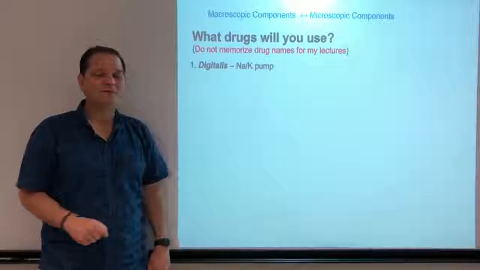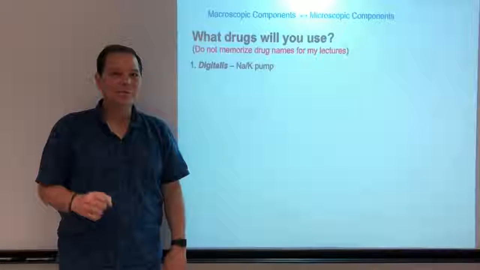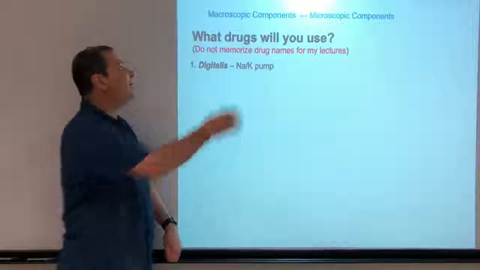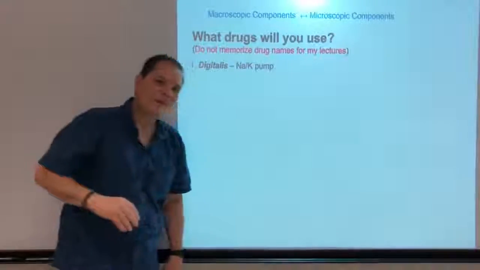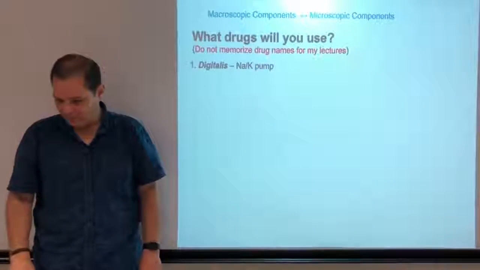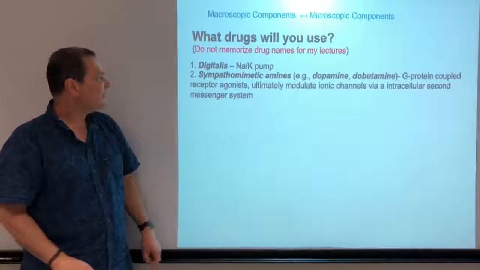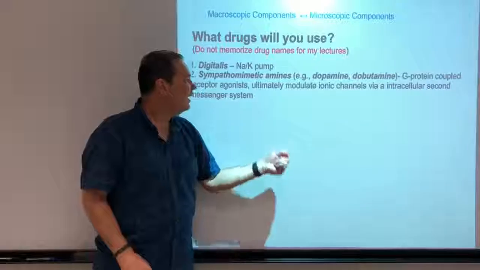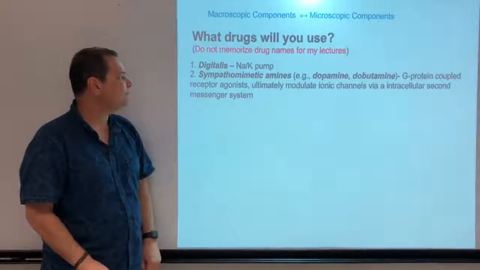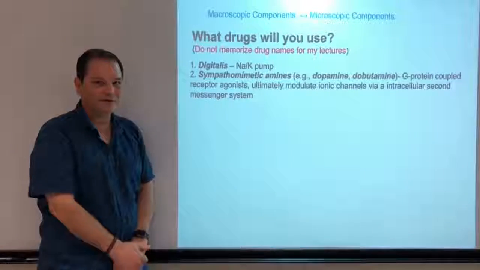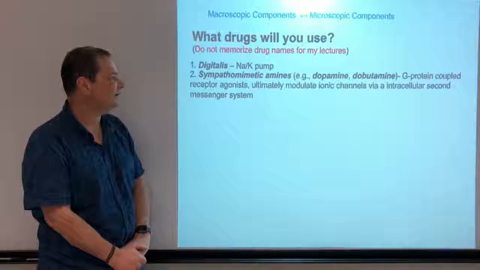That will be the pharmacologist's problem to teach you. My problem is to teach you how these components relate and why it's important that they relate. That is physiology in a nutshell. All right? Sympathomimetics, dopamine, dobutamine, these mimic the effects of the sympathetic nervous system, which I am going to take you through in these lessons.